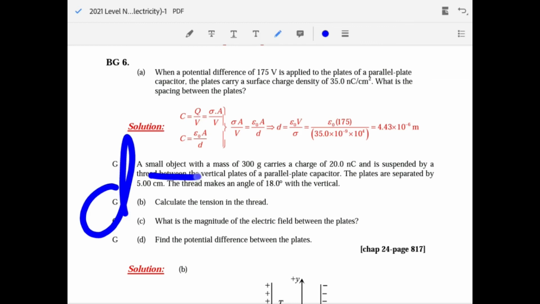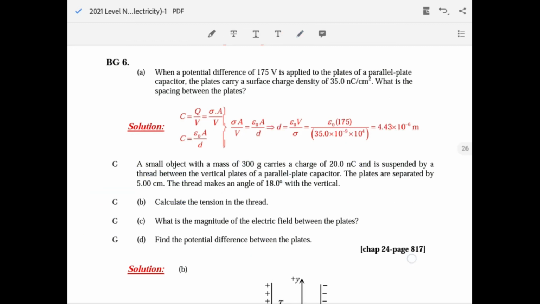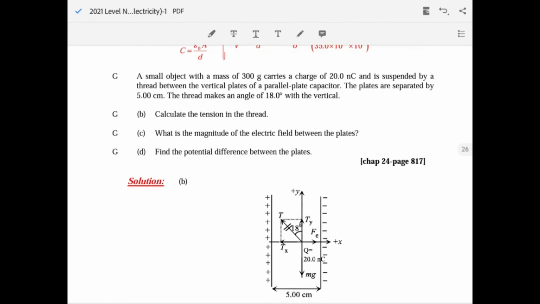So D is equal to epsilon node voltage over sigma, or whatever the symbol is. You substitute all the variables in and you get it.